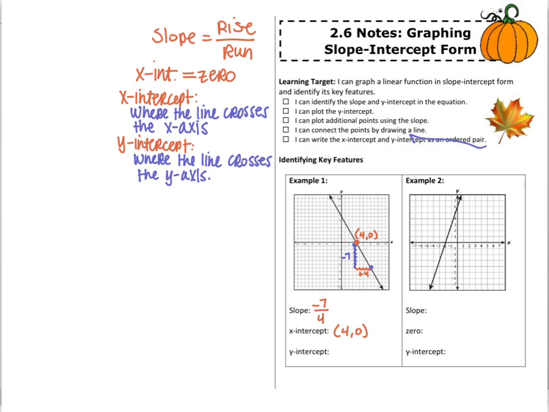Oops, let me just get a point on it. At 0, 7. So that is my point there for my y-intercept. Now this just tells us some important information about the graph. It'll make a little bit more sense when we talk about them in real world, but for now, this is all we are looking to do.